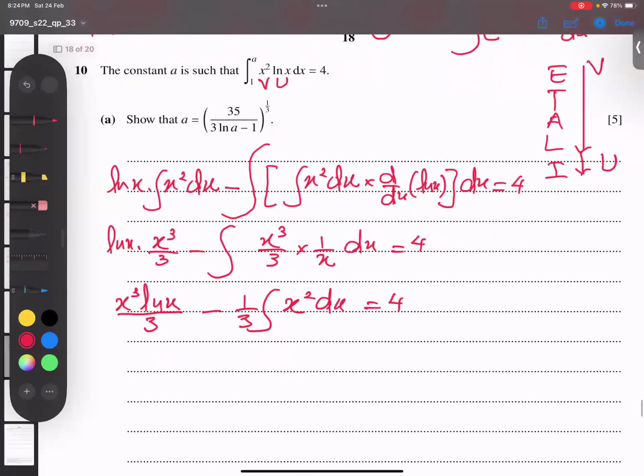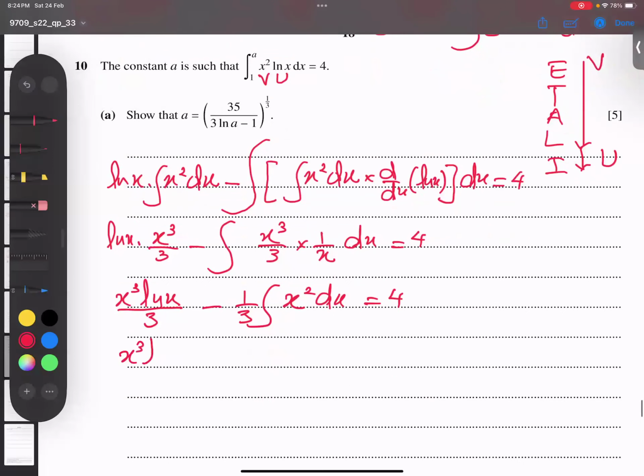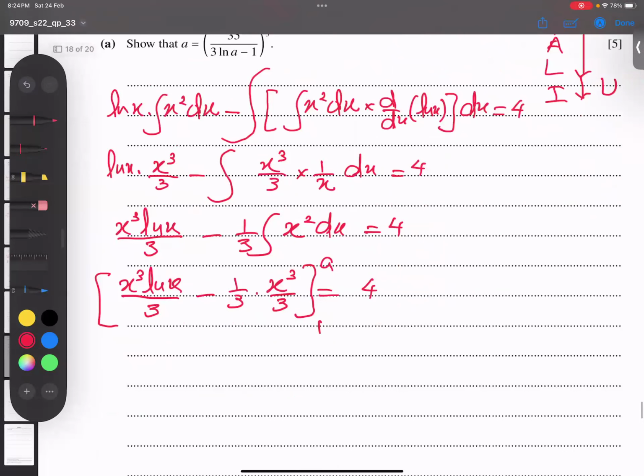Okay, now students, x cube ln x over 3, and what is the integration of this? It is x, increase the power by 1, divide by the same, equals to 4, and limits I will apply, 1 to a, of the whole equation. Okay, x cube ln x, I simplify before I plug in the limits, x cube by 9.